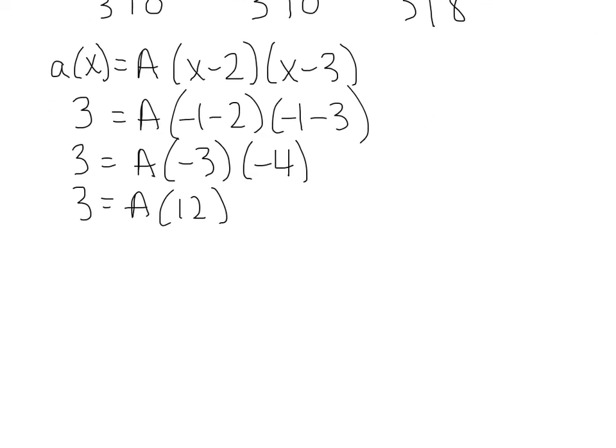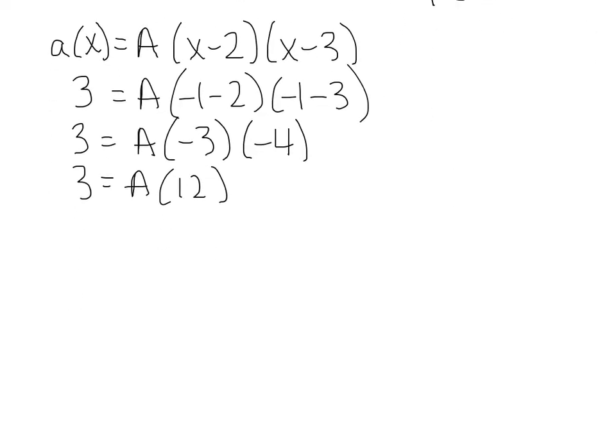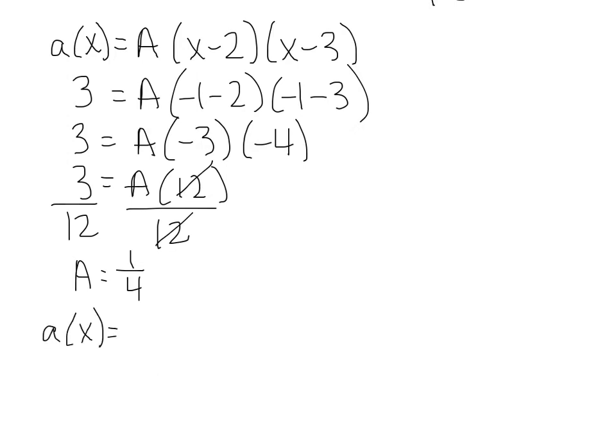To solve for A here, to get A by itself, we need to divide both sides by 12. And so we get A is equal to 1/4. So we know that the polynomial that fits the very first table is going to be 1/4 times x minus 2 times x minus 3.